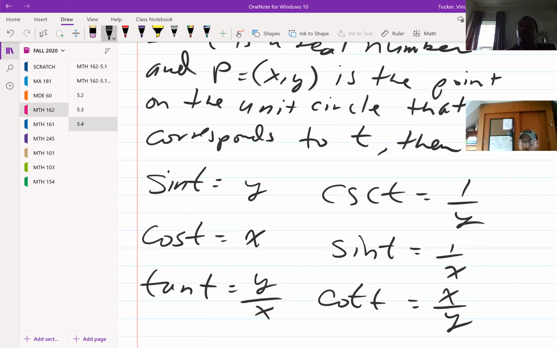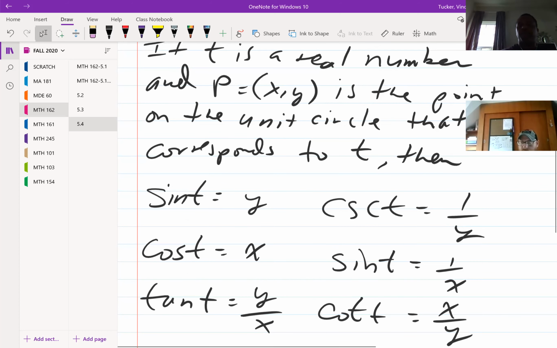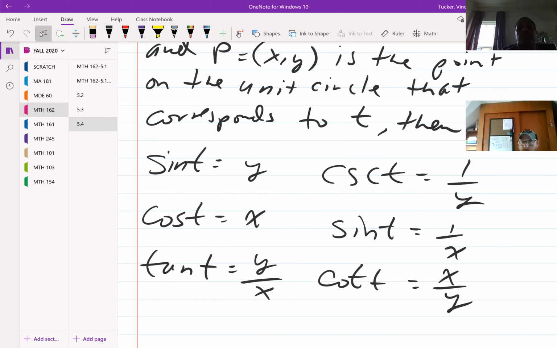All right, so if t is a real number and P is the point on the unit circle that corresponds to t, then sine of t is y, cosine of t is x, tan is y over x, and then the other three. Oh, I put sine right there. Sorry about that. That should be secant.